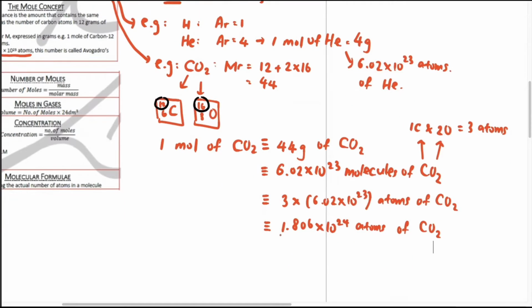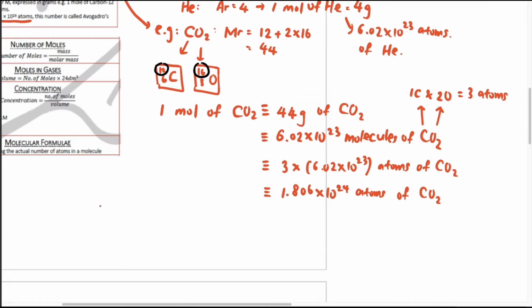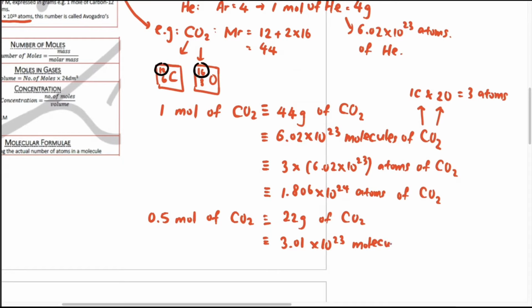Okay, so let's say I don't have 1 mole, I have 0.5 mole of carbon dioxide. So logically, everything is half. So it should be 22 grams of carbon dioxide. And how many molecules? It should be half of the Avogadro constant, which is 3.01 times 10 to the power of 23, where I divide the Avogadro constant by 2, molecules of carbon dioxide.